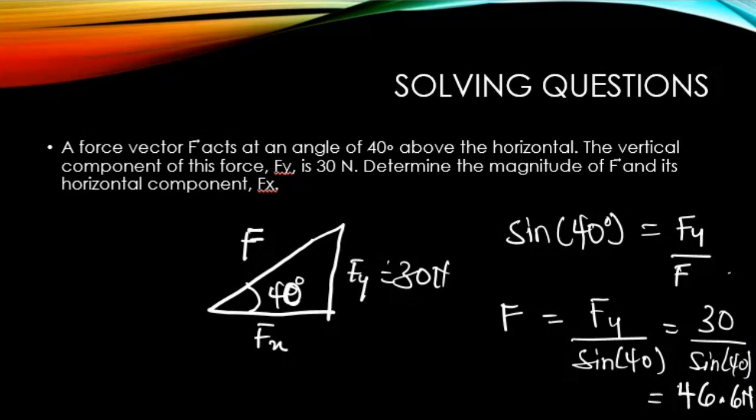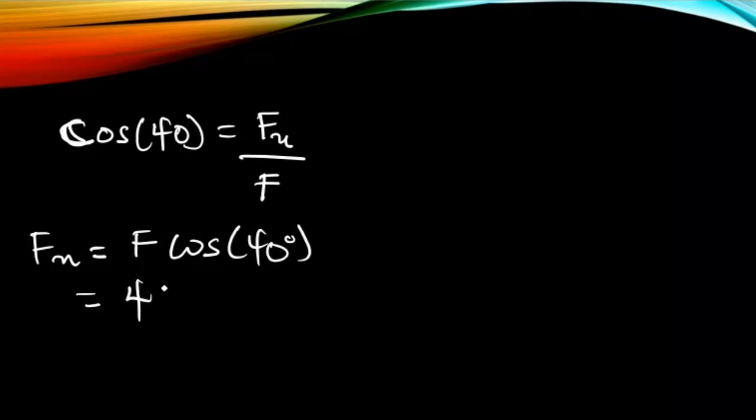In finding the horizontal component, you do the same thing. You know that cos of the angle, that's 40, is equal to the horizontal component all over the hypotenuse, that's the force. So over here, our Fx will be equal to F cos 40, and our F was 46.6.